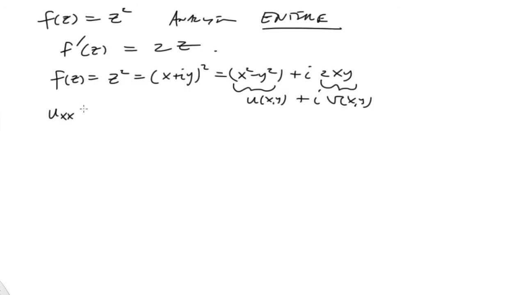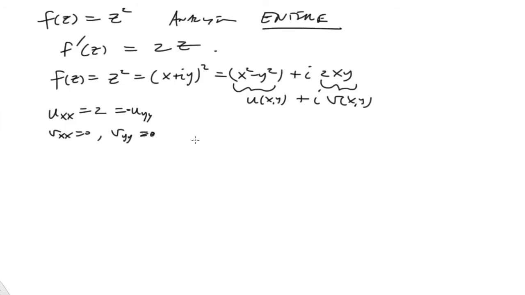Now we can check that these are both harmonic. Uxx is equal to 2, and that's equal to negative Uyy, right? And so when I add them together, I get 0. That's the solution to Laplace's equation. Similarly, Vxx is equal to 0, and Vyy is equal to 0.